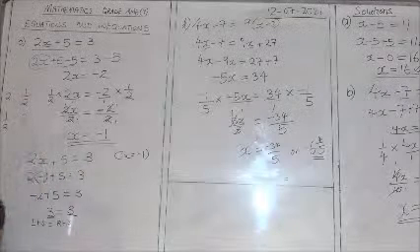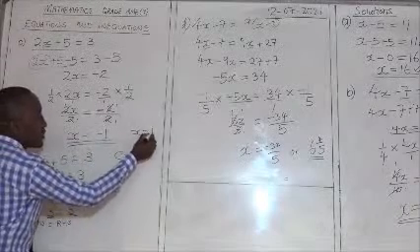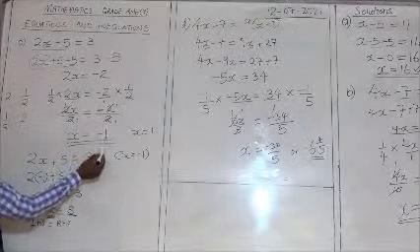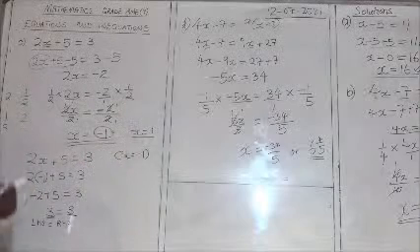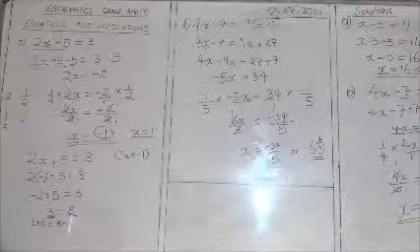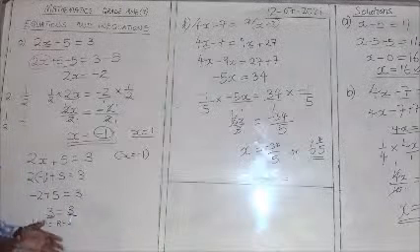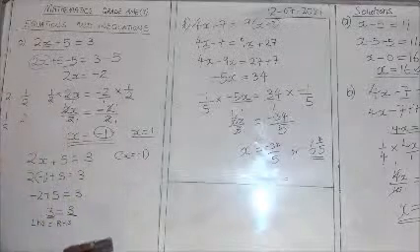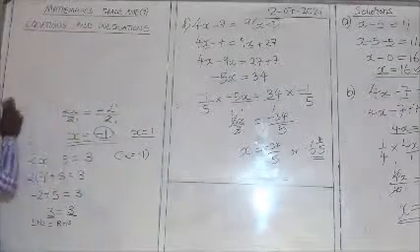When the answer is negative, you should not say positive 1; it should be a negative, not a positive. So this is all about the linear equations. We have looked at 4 examples. Now it's time for me to give you something so that you solve on your own. Let me give you 4 questions to solve on your own.